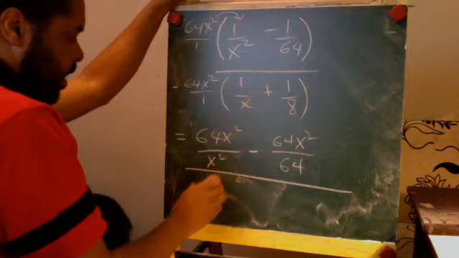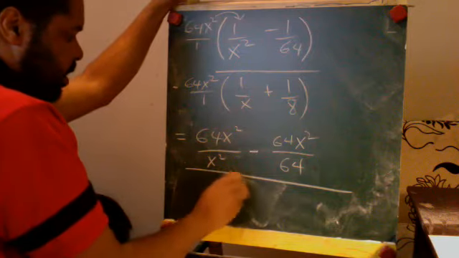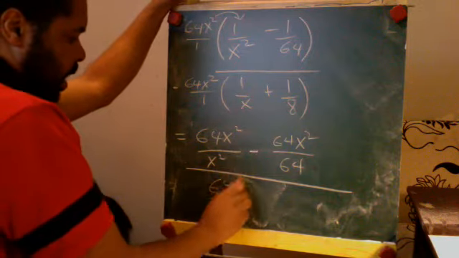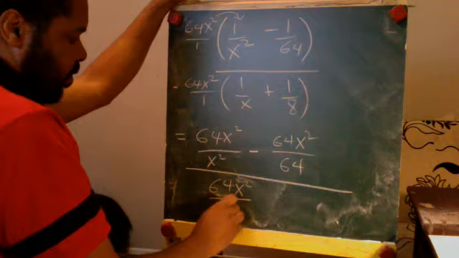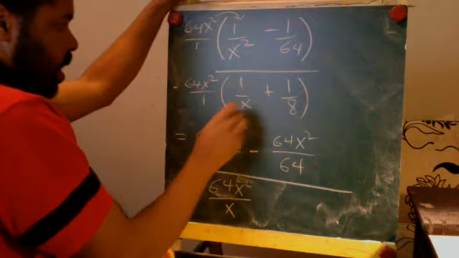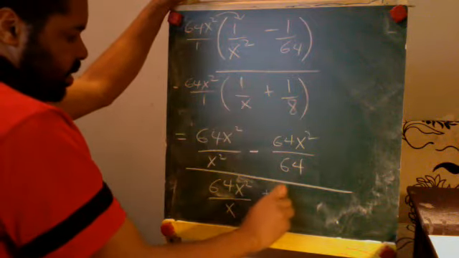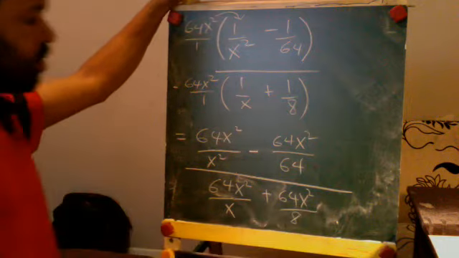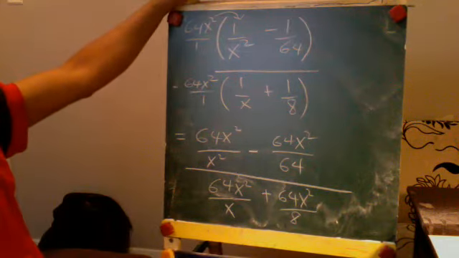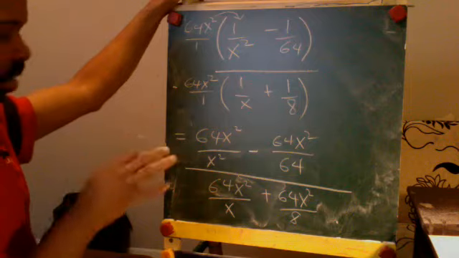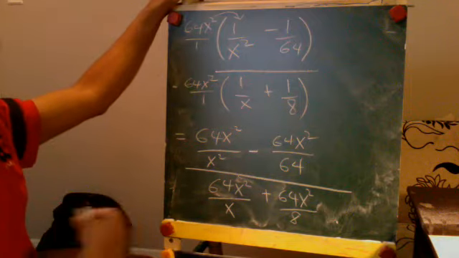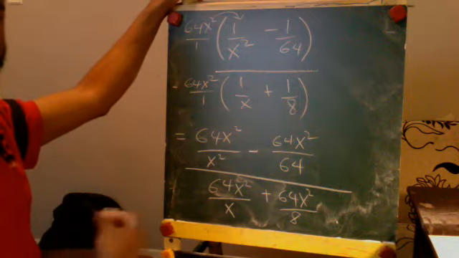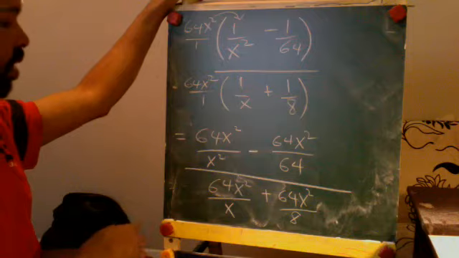And what I get here in the denominator is 64x squared over x and 64x squared over 8. All right, and so I'm going to do this long way to explain what's going on so you kind of know where the information came from. Then I'm going to do the shortcut afterwards.